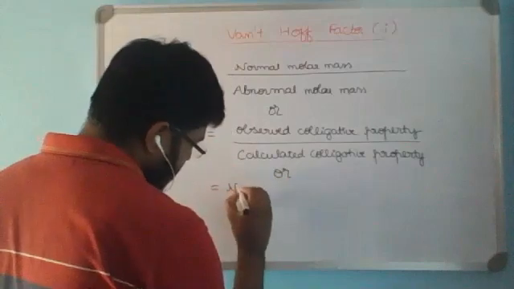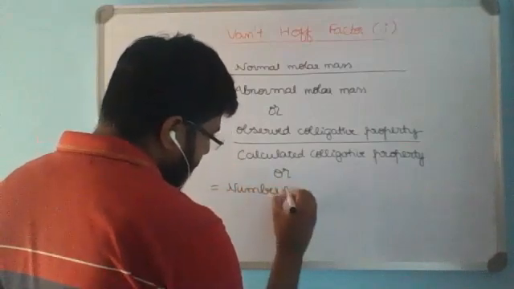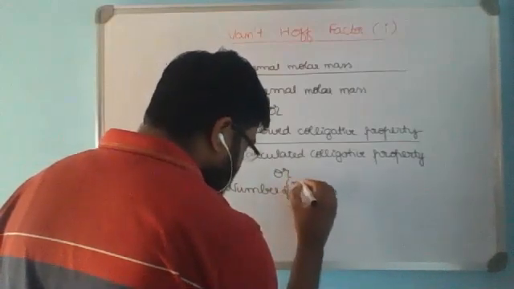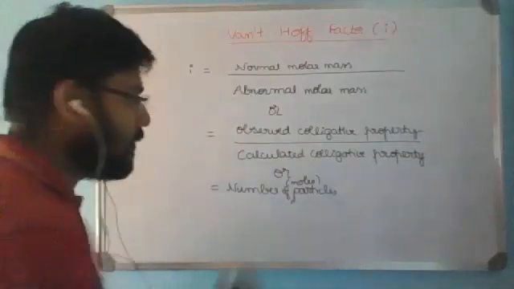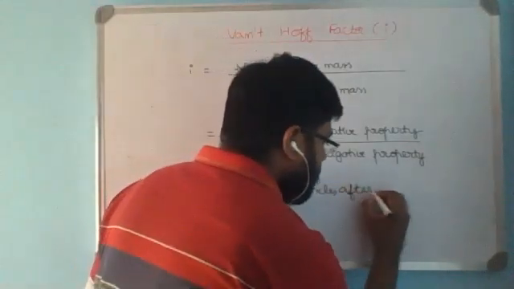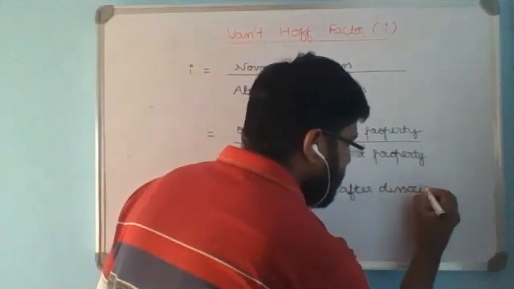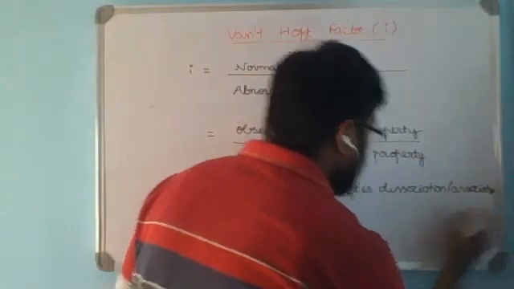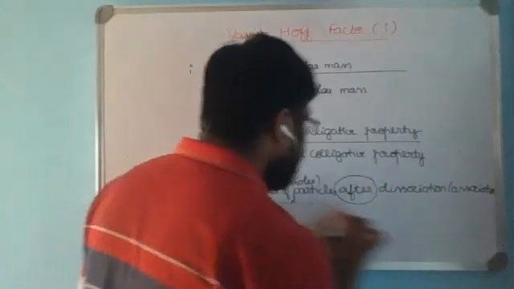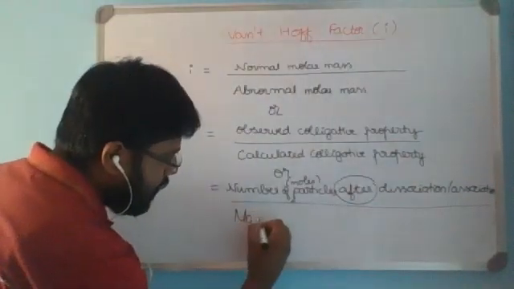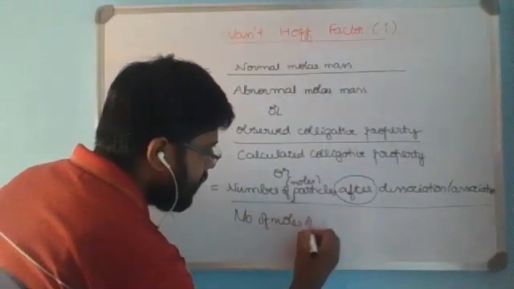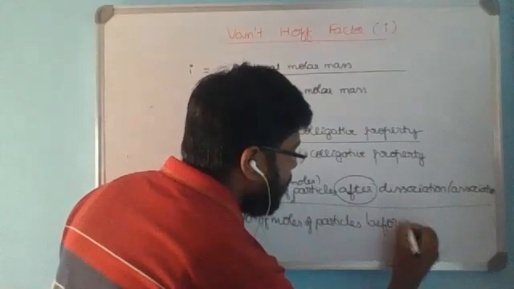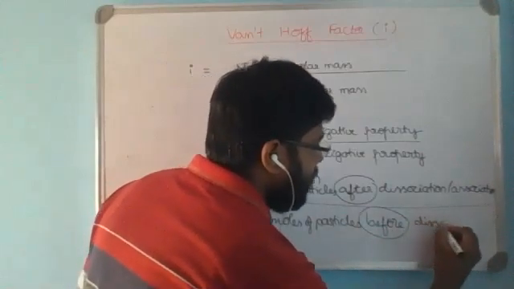It is number of particles, exactly in terms of moles. Number of moles of particles after dissociation or association divided by number of moles of particles before dissociation or association.